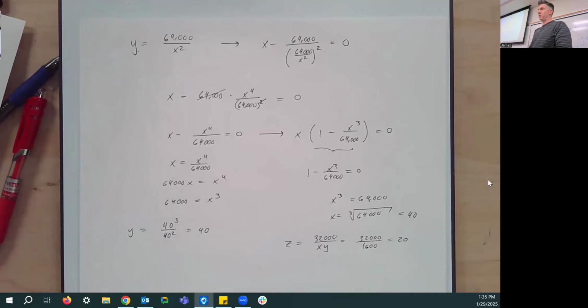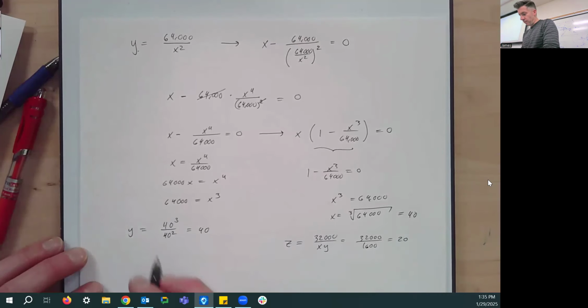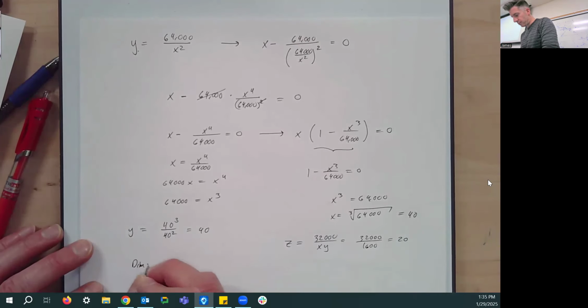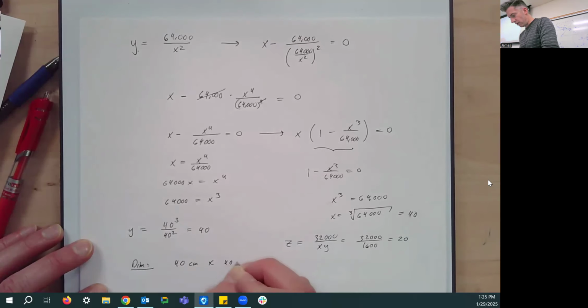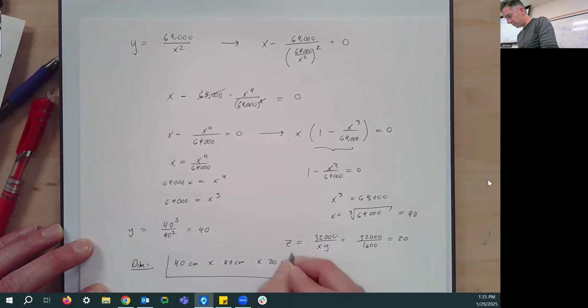I'm not of a mind that we should check to see that this is a minimum. I think we should just buy it. So the dimensions are a 40 centimeter by 40 centimeter by 20 centimeter high box.